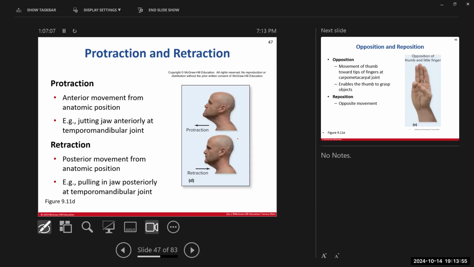But mainly pushing the jaw forward, that's going to be protraction. And then pulling the jaw back as far as you can, that's going to be retraction. So protraction, anterior movement from the anatomical position, and retraction is posterior movement from the anatomical position. Not very easy to do, but still nonetheless. So that's protraction and retraction.